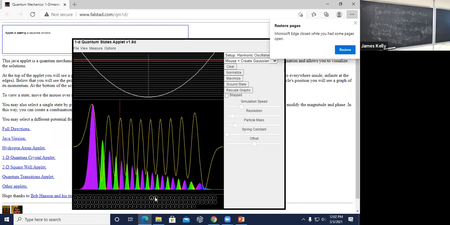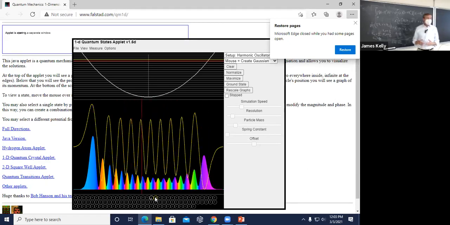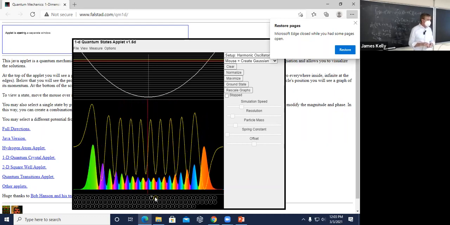But look at the height at any point on the x-axis, and you'll see that it looks like it's bouncing up and down sinusoidally, at least it's believable. So what I mean by that is the probability density is a constant plus a sinusoidal function of time, and the frequency should be exactly the omega that appeared in our potential energy.